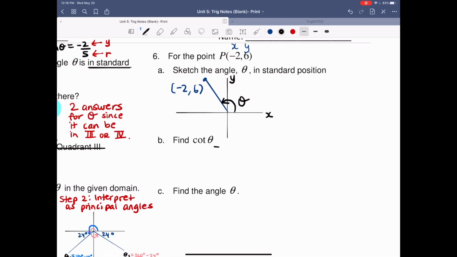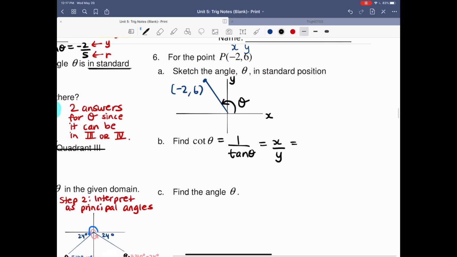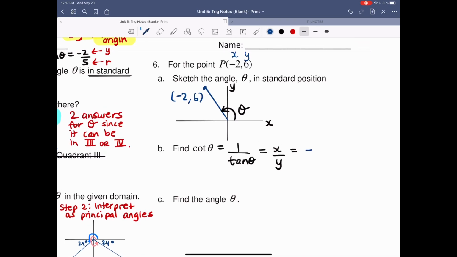It says find cot theta. Well, cot theta is equal to 1 over tan theta, and tan theta is just y over x. So now I have to think of the reciprocal, so it's equal to x over y. When I plug things in, I have an x value of -2 and a y value of 6, and therefore that's equal to -1 over 3.